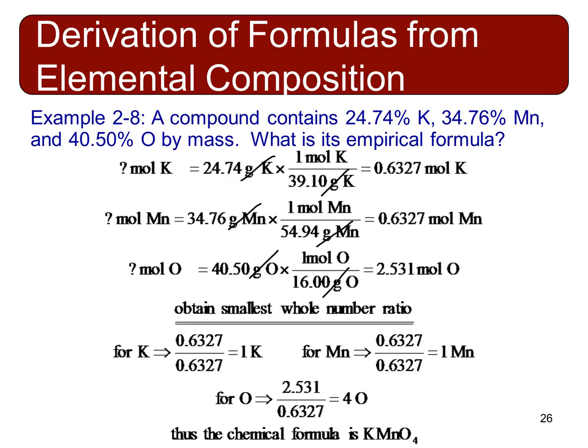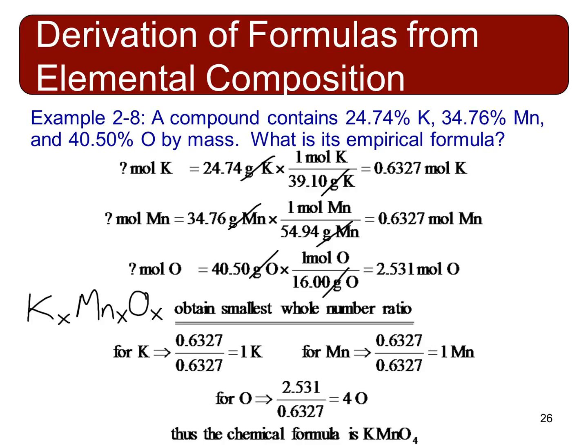Okay, now we want to come up with our formula, which is a ratio of how many atoms we have. What we're really looking for here is that we have potassium with an X number of atoms, manganese with an X number of atoms, and oxygen with an X number of atoms. So we're looking for the ratio: how many atoms do we have of each type?